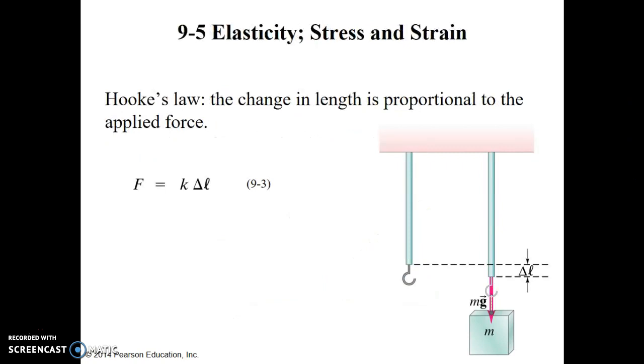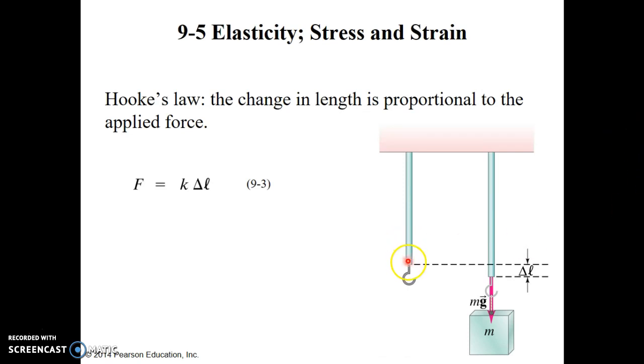All right, let's take a look at Hooke's law. Hooke's law talks about how an object can stretch or compress and relate the force of stretching the object to the length that it stretches.